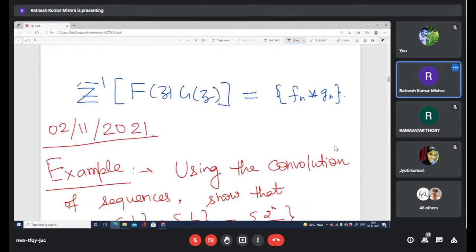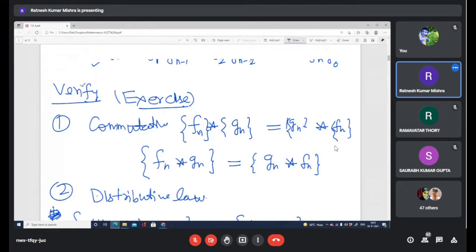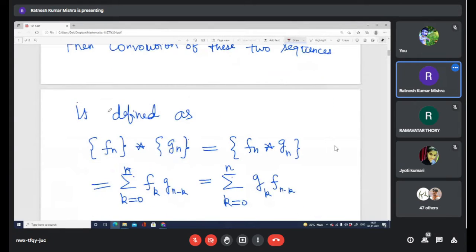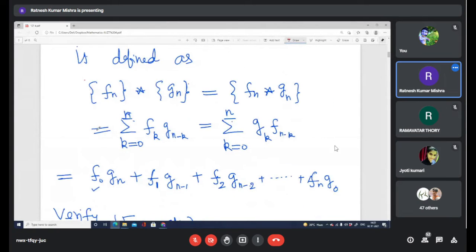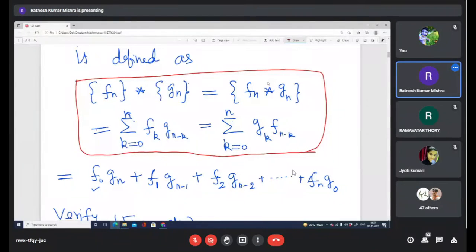See here, we defined this is the first sequence and this is the second sequence when you define the convolution.